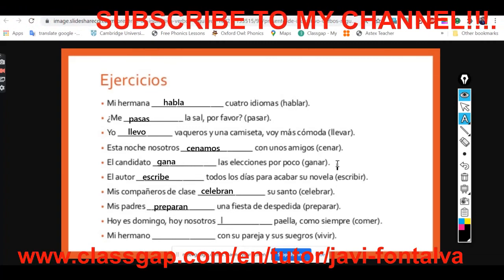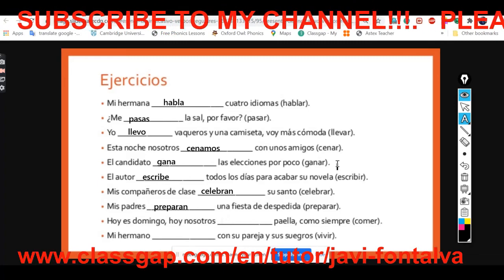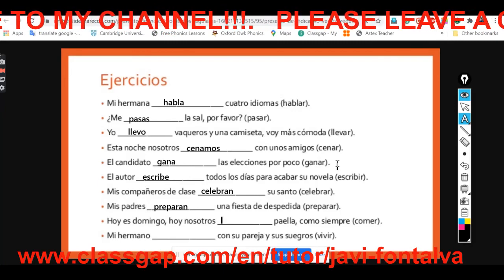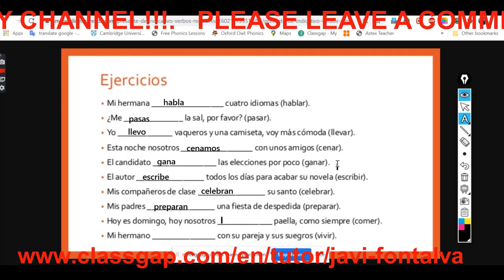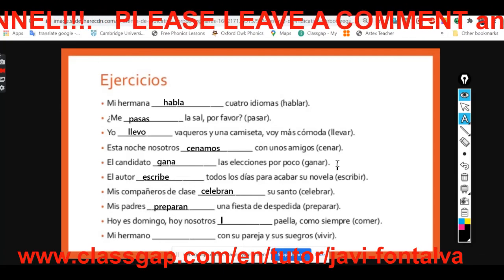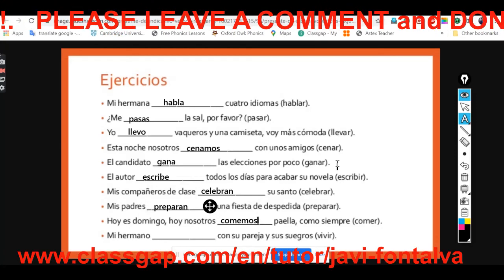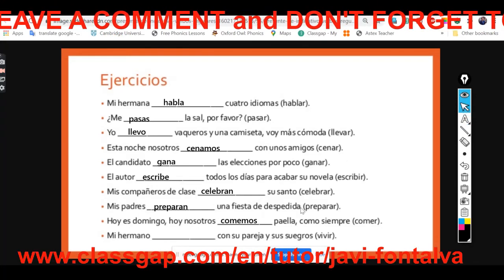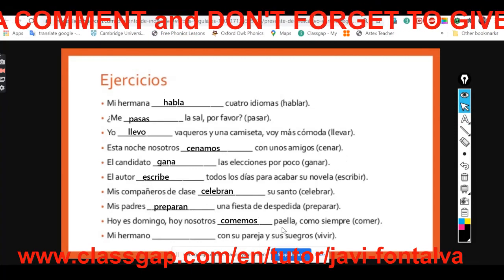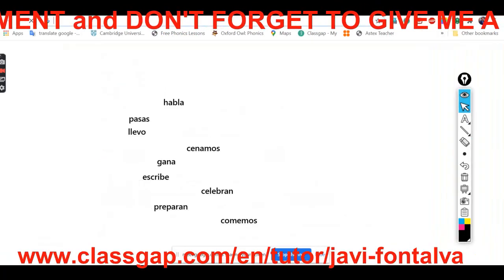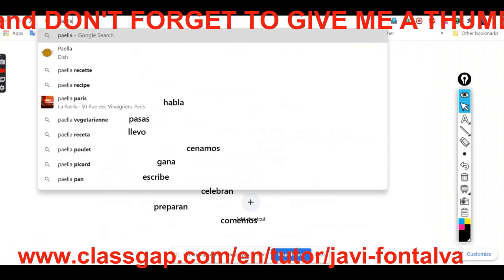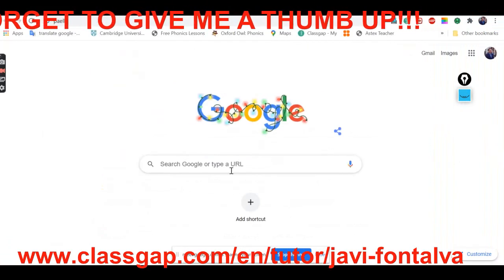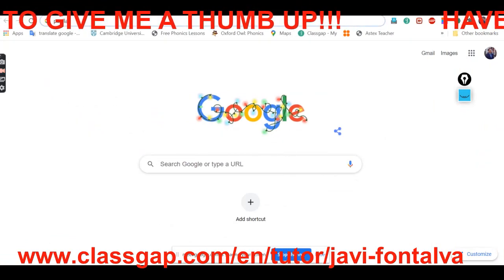Okay, next one. Hoy es domingo. Hoy nosotros comemos paella como siempre. Of course, you must know what paella is, right? It's a dish. There are many kinds of this dish. The Valencian dish, basically a national dish.